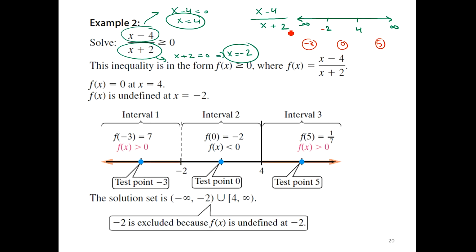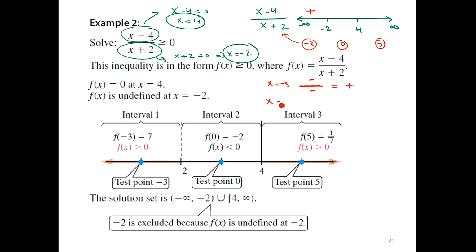If we substitute negative 3, we have negative 3 minus 4, negative, over negative 3 plus 2, negative. Negative over negative, so we have positive here.